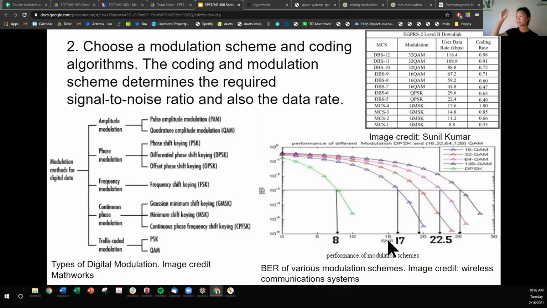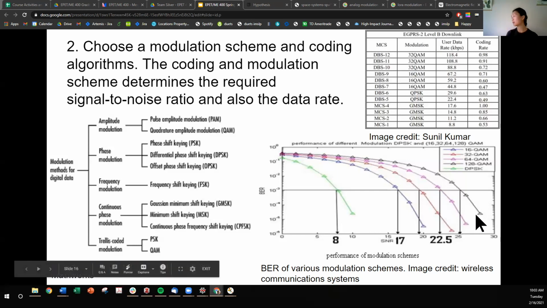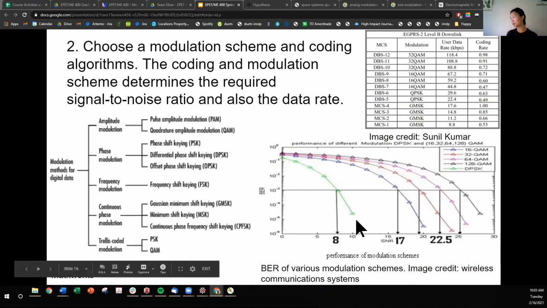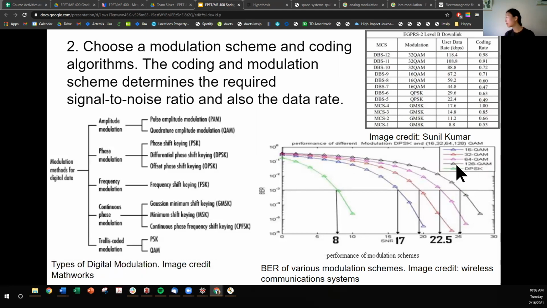Because your signal is on top in the numerator, noise on the bottom, you want much more signal than noise. So if we look at DPSK, differential phase shift keying, that has a pretty low signal to noise ratio, as opposed to, what is this black triangle? It's QAM, quadrature amplitude modulation, which has the best signal to noise ratio.